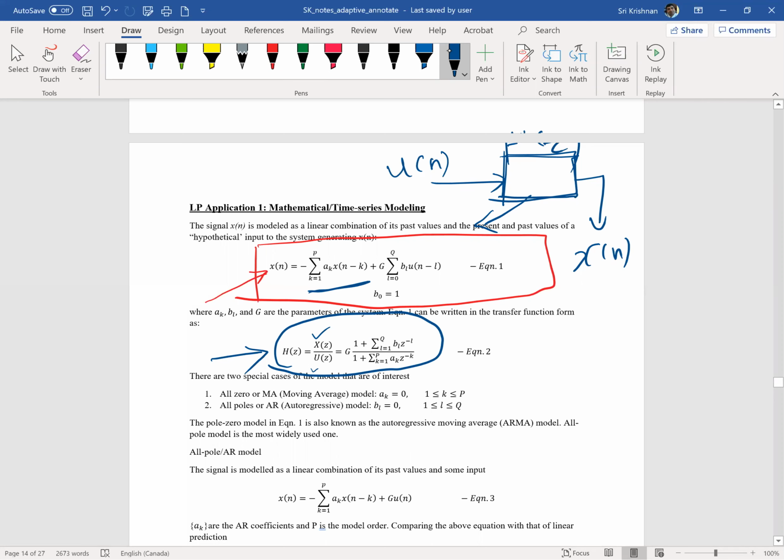So this is not necessarily a filter. Here we are trying to model the human physiological system, by treating the output signal which we normally get as x[n], and we are assuming a hypothetical input trigger as u[n]. When we do this, we find that this expression, equation 2, looks like an IIR filter.